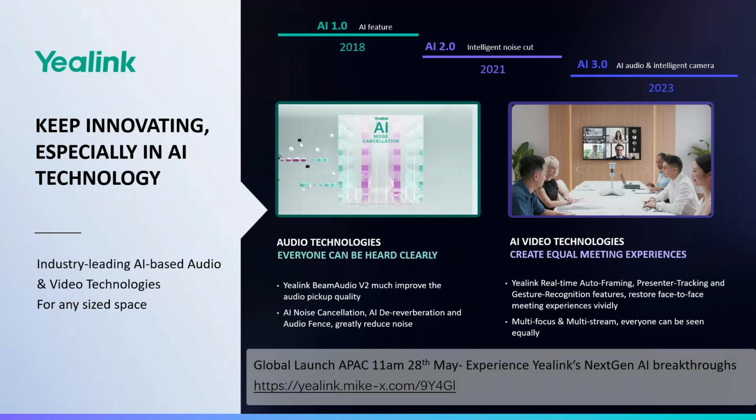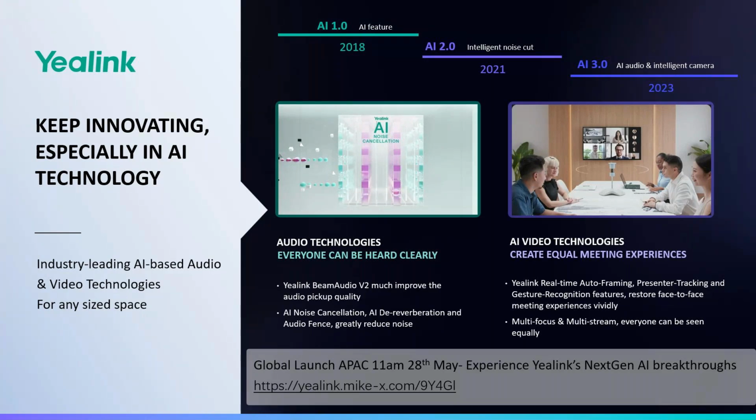Now, Yealink keeps innovating in AI. We saw the first AI features from Yealink introduced in 2018, like auto framing, and then we moved over to speaker tracking, presenter tracking, that kind of stuff.